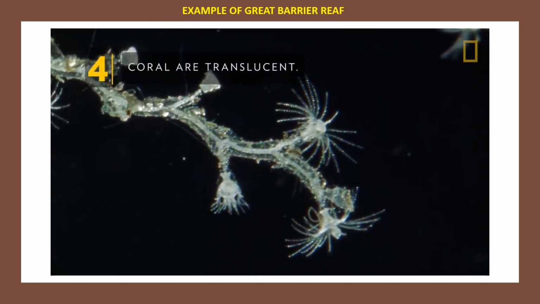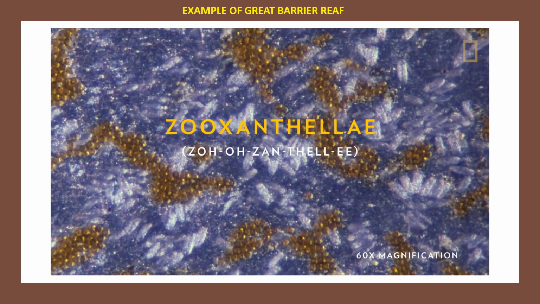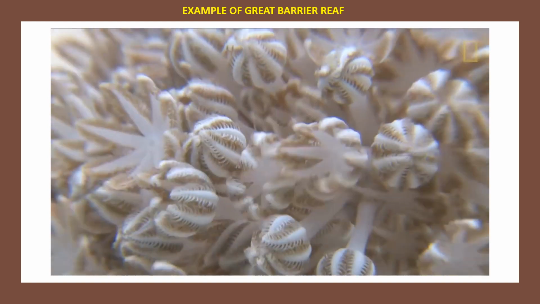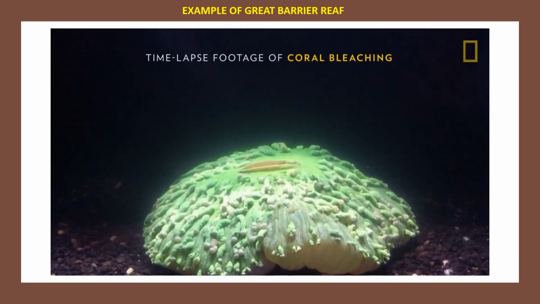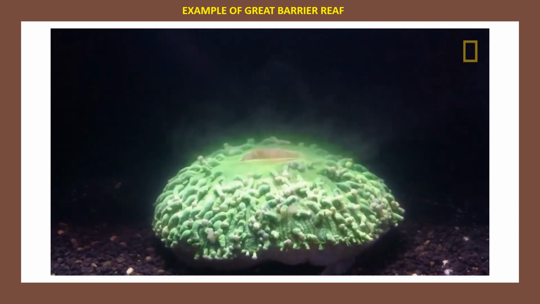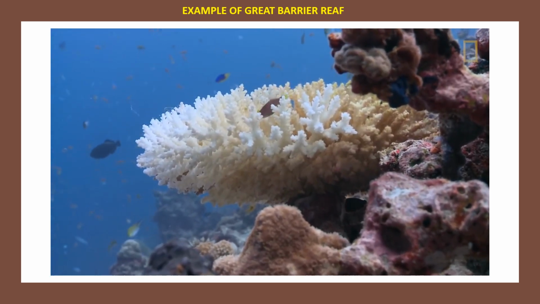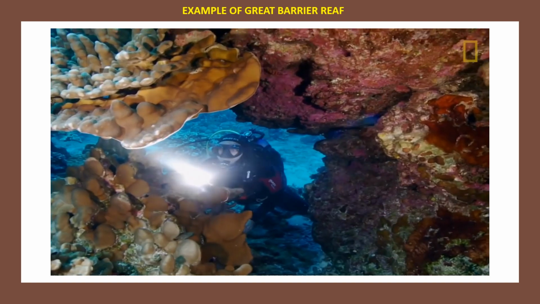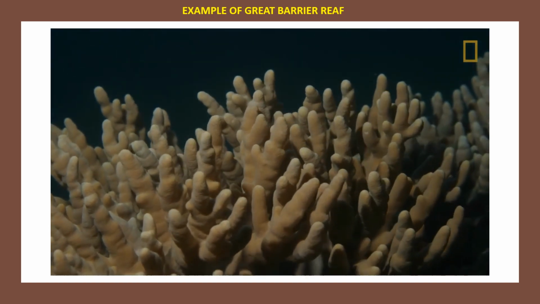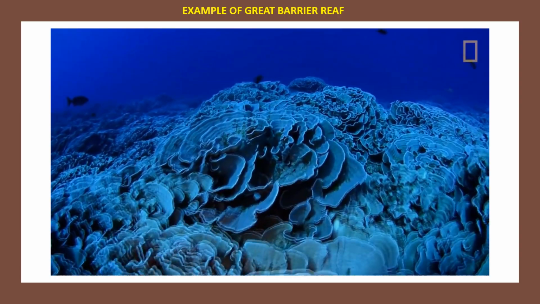Coral are translucent. Coral reefs get their rainbow of colors from algae or zooxanthellae that live in their tissue. Though corals use their tentacles to capture some food, most of their food comes from the algae they house. When coral becomes stressed by pollution or other factors, they evict their algae. Coral bleaching results, revealing corals' white skeletons. Coral provide a window to the past. As coral grow, their limestone skeletons form layers, similar to tree rings, that vary in composition and thickness based on ocean conditions at the time.